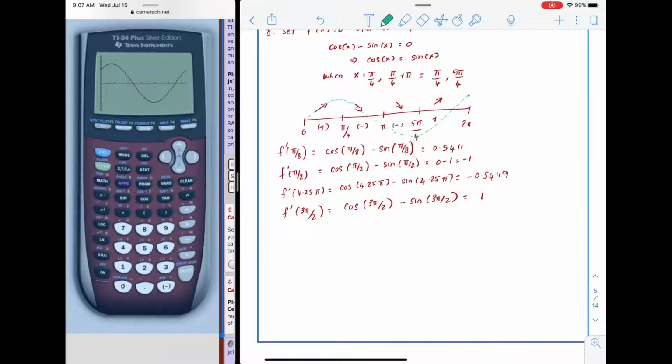So the local maximum is at pi over 4, and also at 2 pi. Excuse me. The local maximum is at pi over 4. The absolute maximum is at pi over 4.